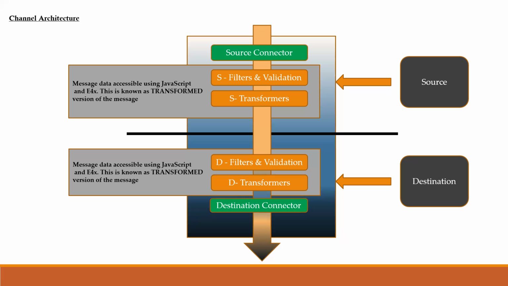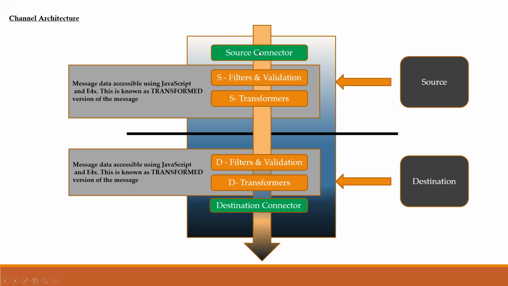There is a specific path that the water travels through to reach each one of these houses. In the same way, when a message is received on the source connector, it will take a travel path. We need to be aware of that travel path.